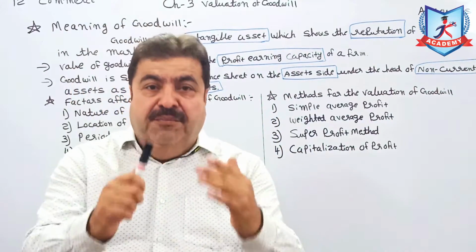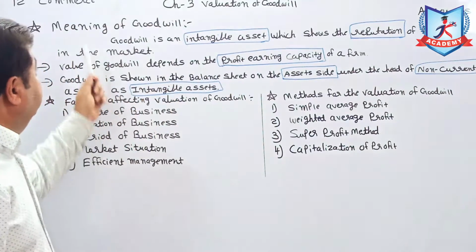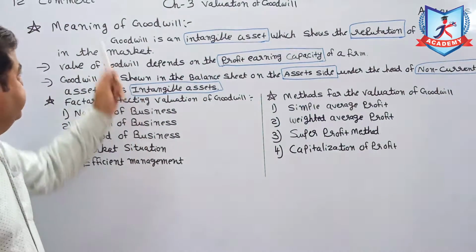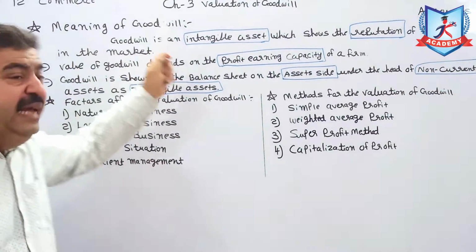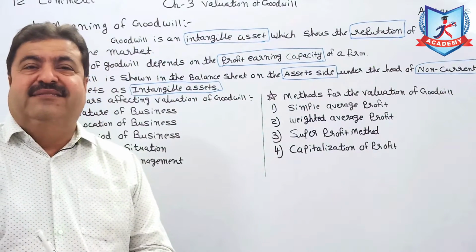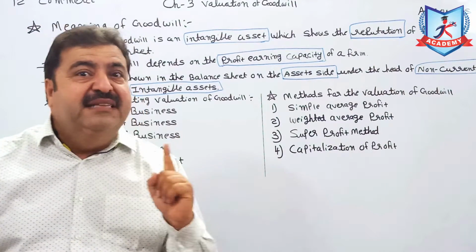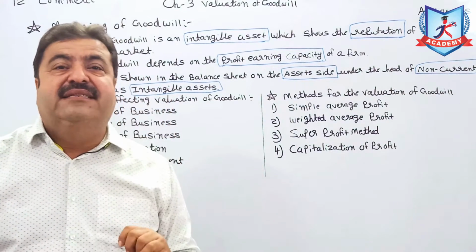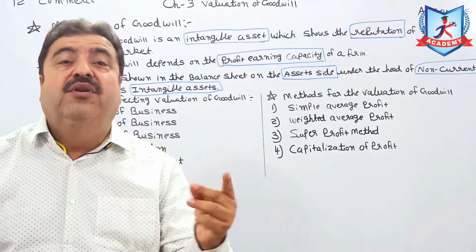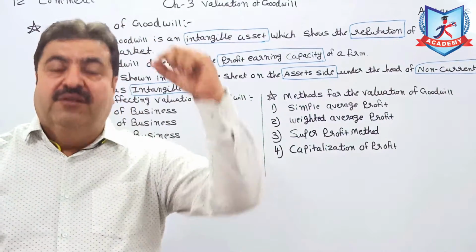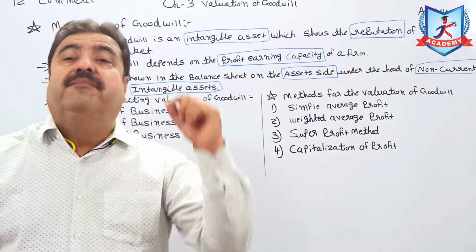Now, a few important terms regarding goodwill. Goodwill is an intangible asset. Do you know, friends, in 11th standard we have 4 intangible assets? Tell me, which 4 intangible assets? Goodwill, very good.